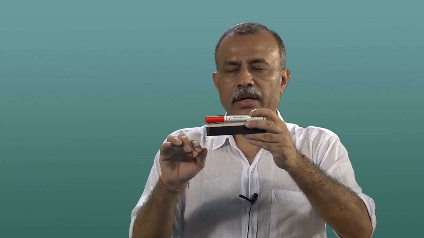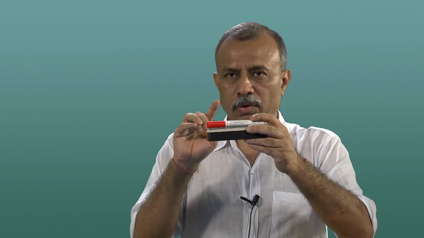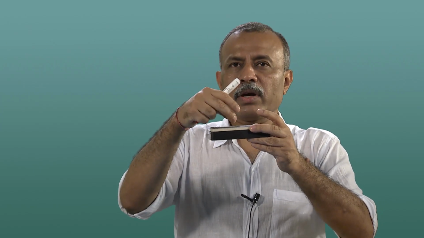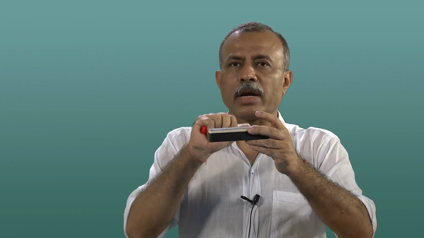Either this will generate a current, or I can do it the other way: I can give a current and I should be able to see some kind of change out here. It is a vice versa process.